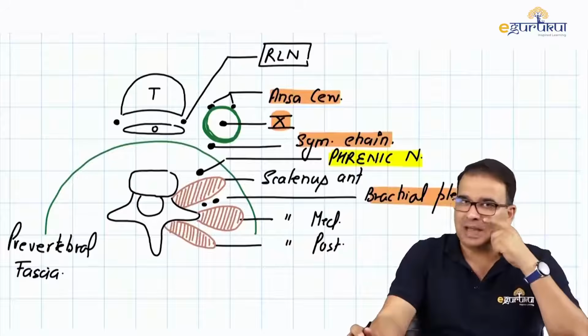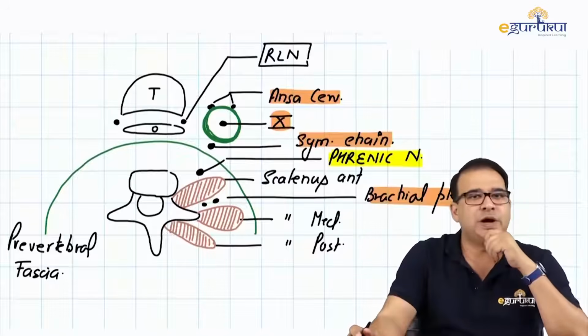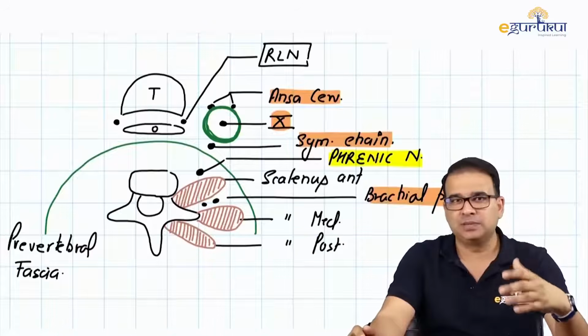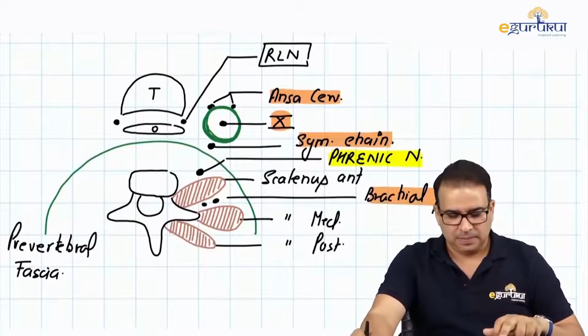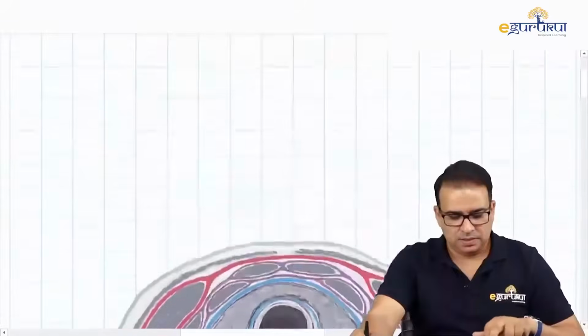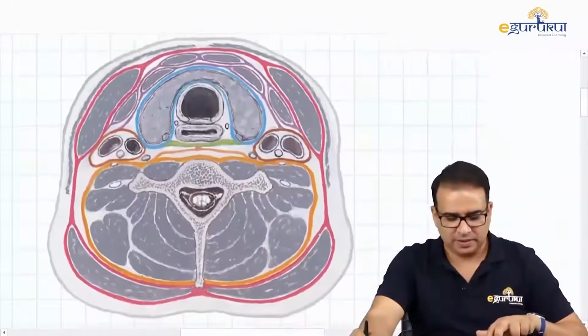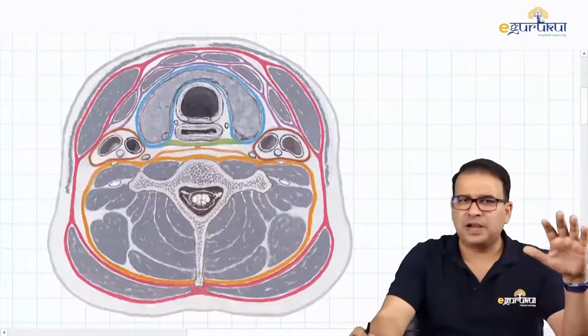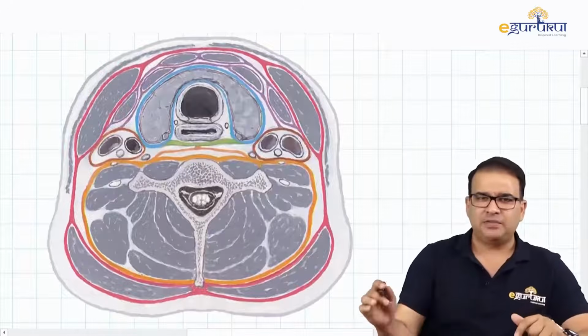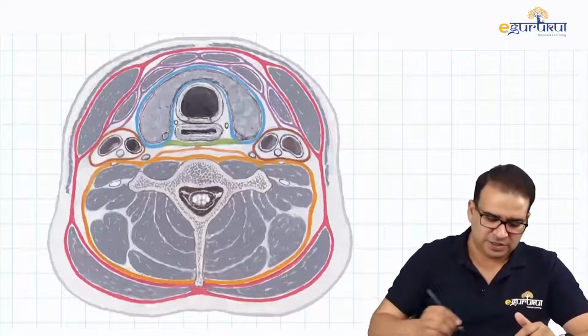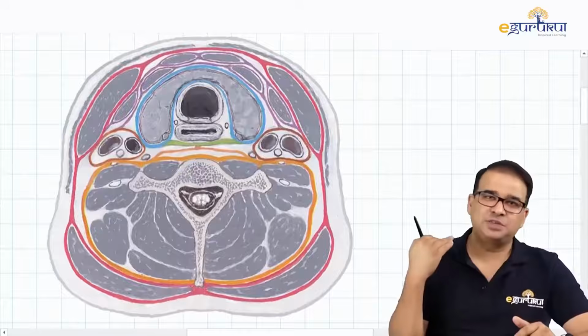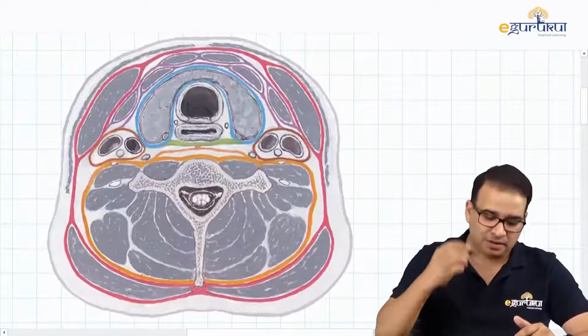Let me show you one picture from the atlas, and we'll try to identify as many structures as possible in it. So there we go. This is the transverse section of the neck, more or less the same kind of section that we drew, and let's identify the major fascias in it. First, when we take a transverse section, the anterolateral and posterolateral muscles.